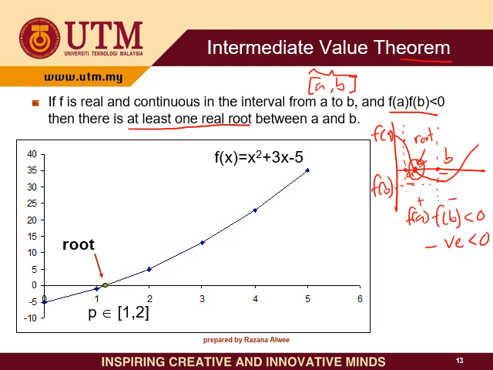Let's say we have the graphic, right, like this one. So we can say this is A and this is our B, between 1 and 2. This is our A and this is our B, right?